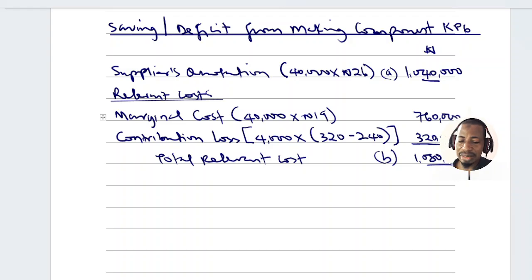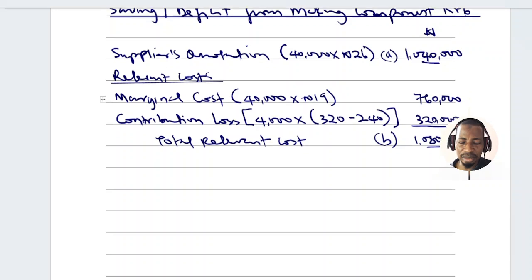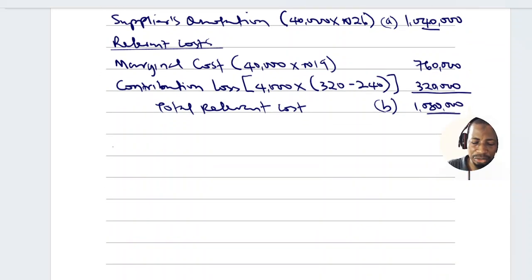You notice that supplier's quotation of 1,040,000 naira is less than the relevant cost of making. Therefore, the company should purchase the components. Okay, so decision.